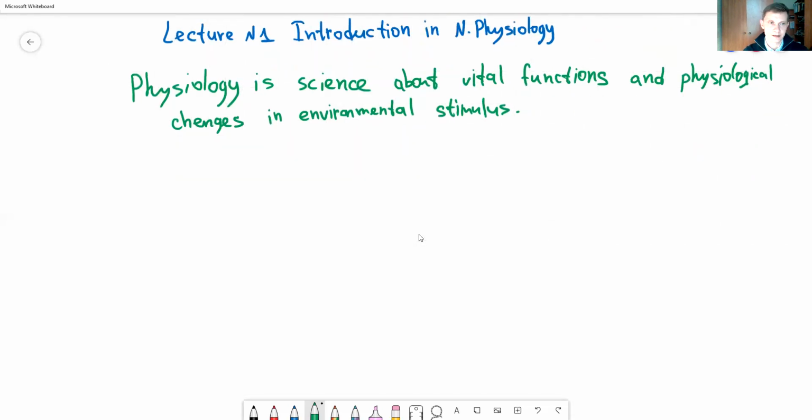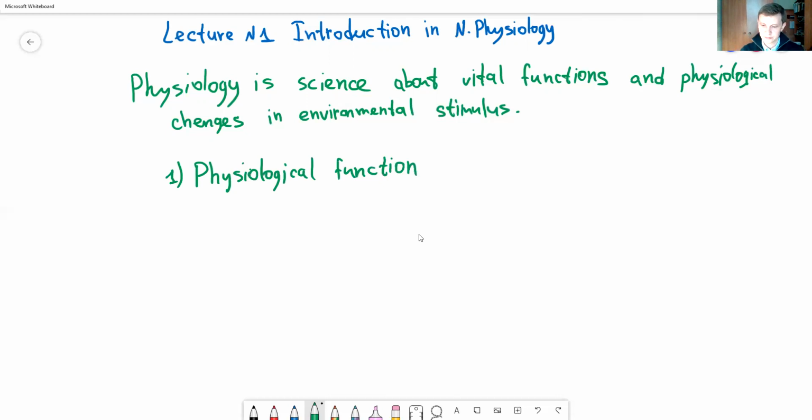And for the understanding of these interactions, we need to know some terminology of the discipline, and first of this is a physiological function. What is a physiological function?